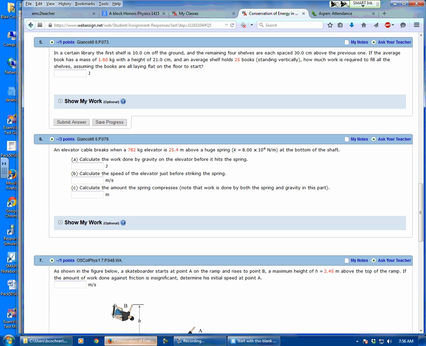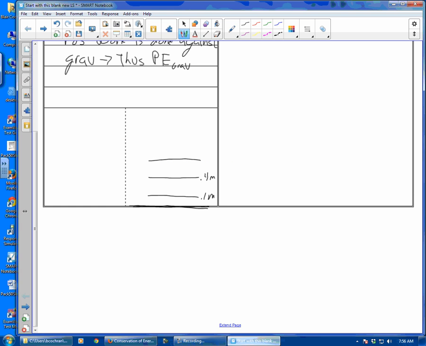They start at 0.1, and there are 5 shelves altogether. So 1, 2, 3, 4, and 5. And so this one would be at 0.7 meters. This one would be at 1.0 meters, and this one would be at 1.3 meters.